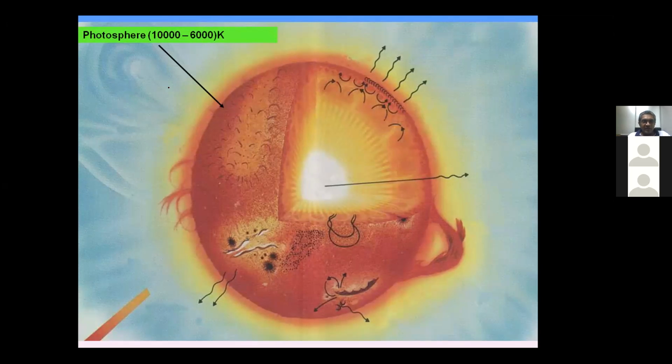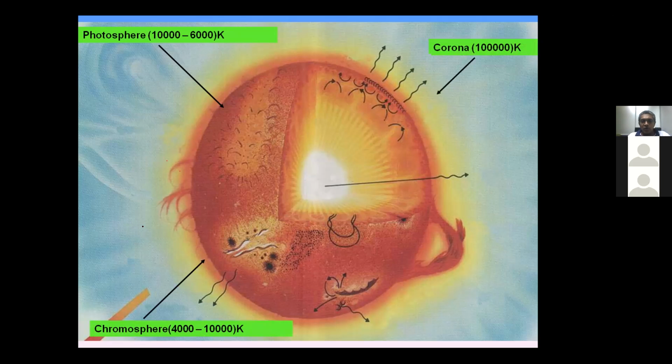The temperature is around 10,000 to 6,000 K, the range, but it goes to higher as well as lower values in the photosphere. Then, go a little above the photosphere, and we have the chromosphere. The chromosphere is 4,000 to 10,000 K, the range.